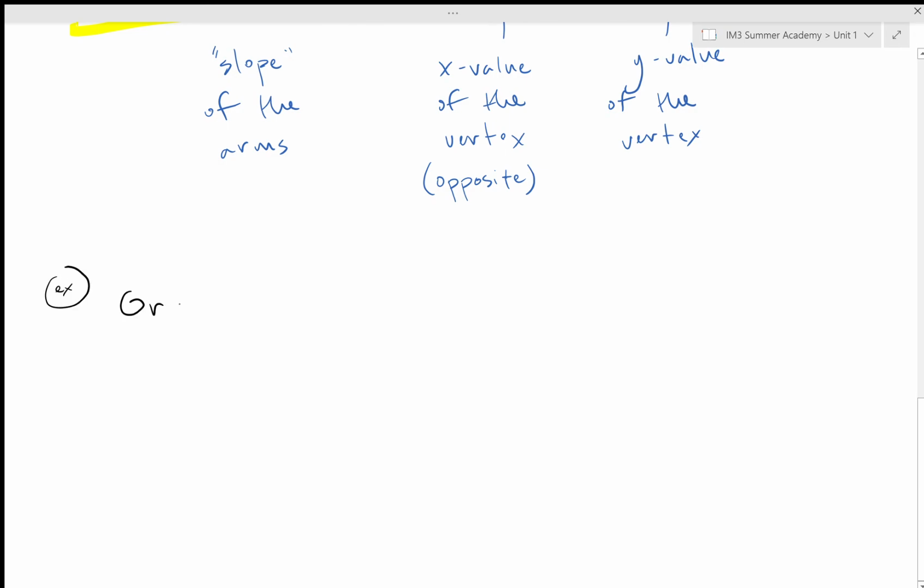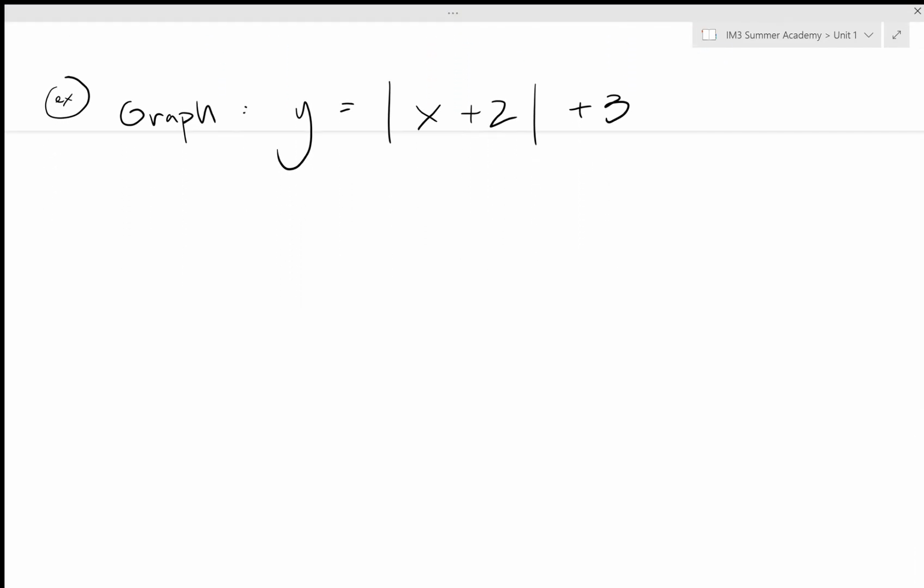So they're going to tell us to graph the following. Y equals absolute value of x plus 2, close absolute value, plus 3. So we want to tie this into what we just saw. Two things we want to find: the vertex and a, the slope.